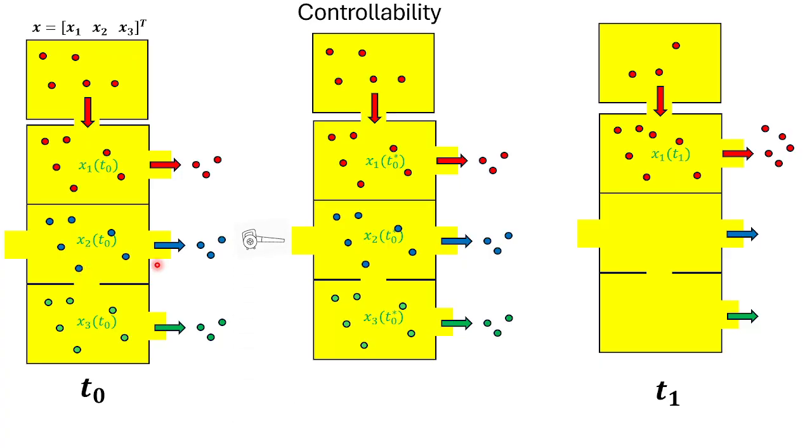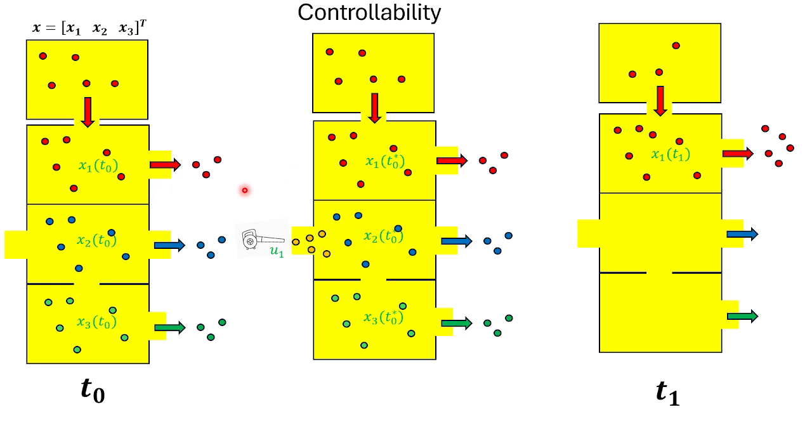So here, say we have a blower, and we can blow some air or air particles, and that is going to be our input U1, and that is going to go inside and change it.